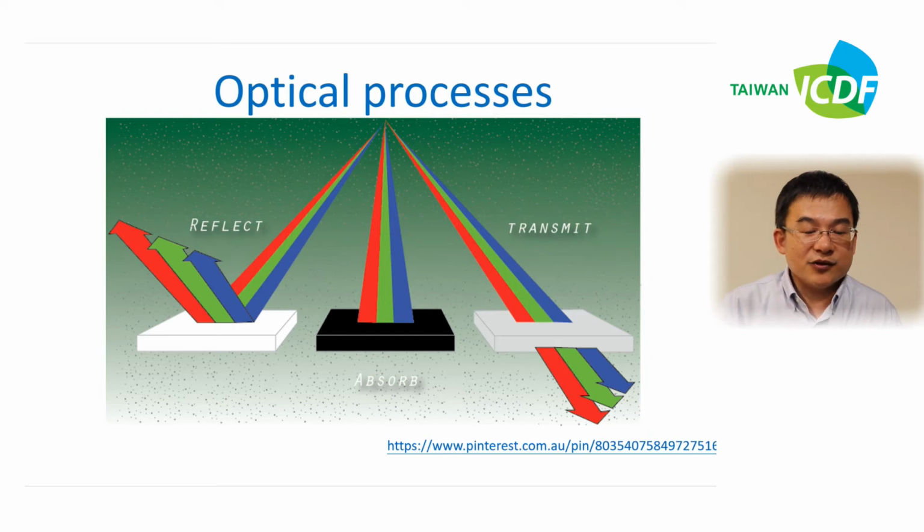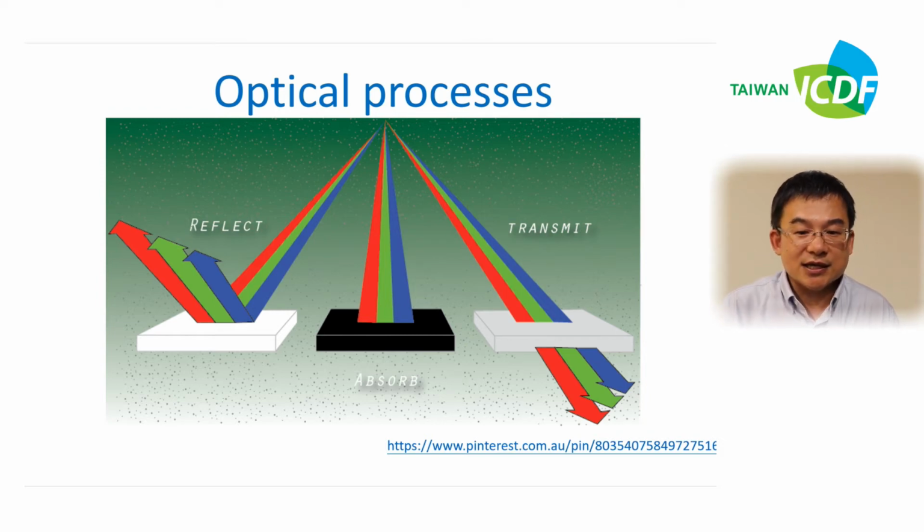Reflection is the way we can see each other, because light reflects off the surface and we can capture the light intensity. Absorption means the energy will be absorbed by the material. And transmission means the light can pass through the material.